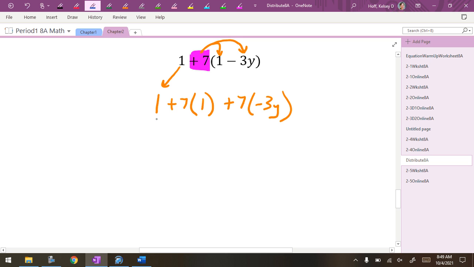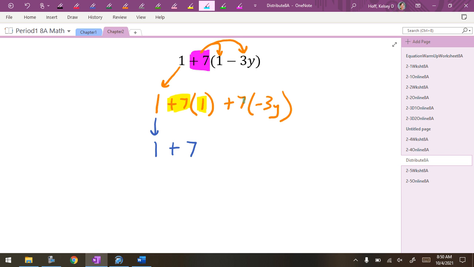Zayden, I'm going to drag down the 1 because there's nothing I'm going to do with him, but you're going to multiply for me. Positive 7 times positive 1. Use your calculator. 7.